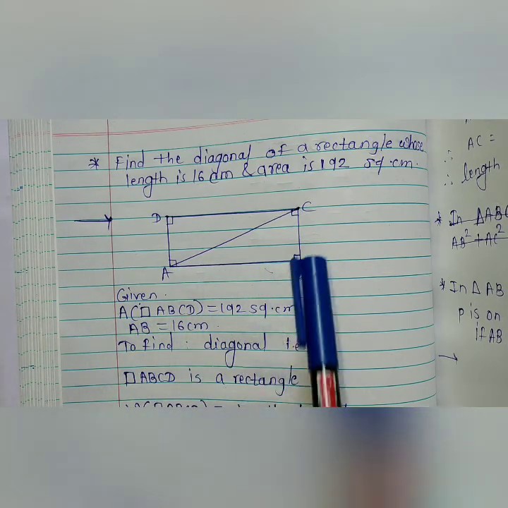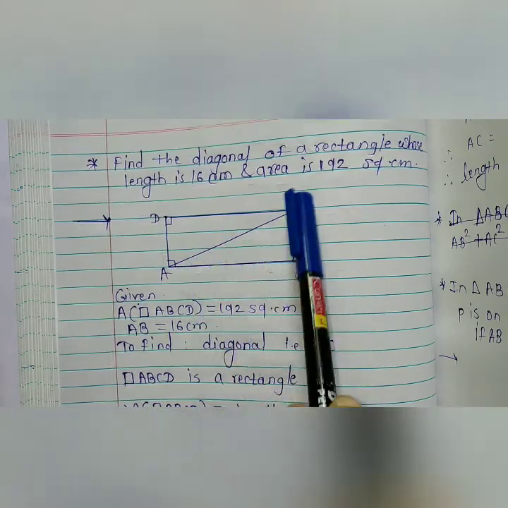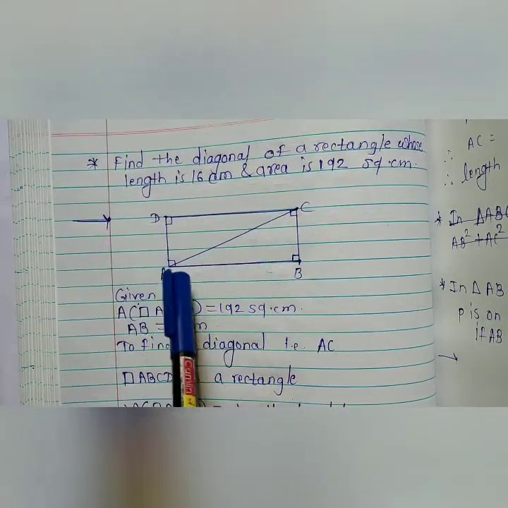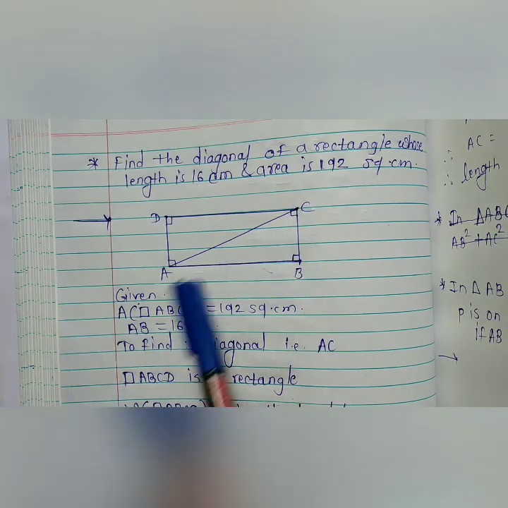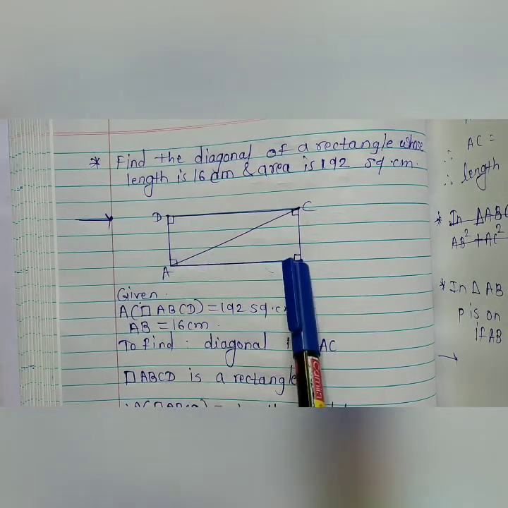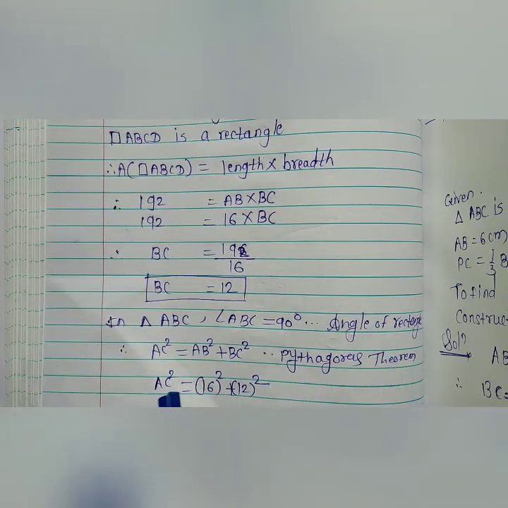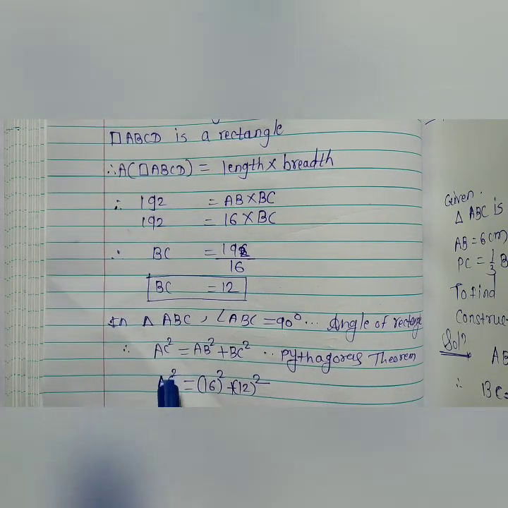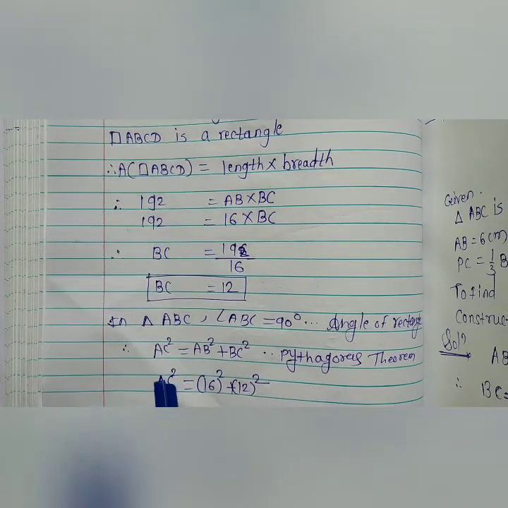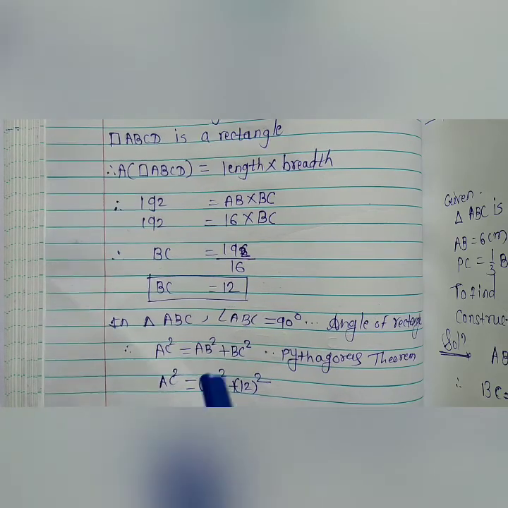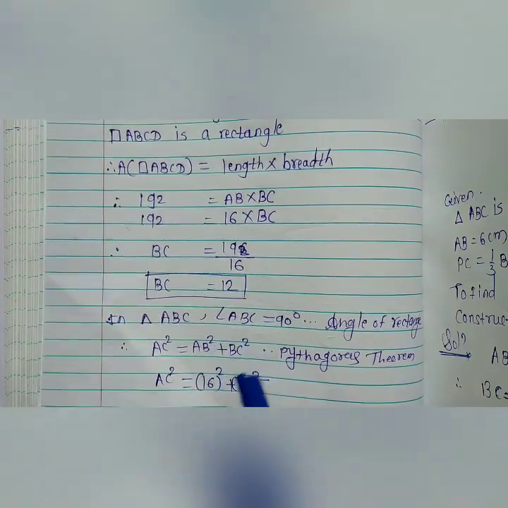Applying the Pythagoras theorem in triangle ABC, AC is the hypotenuse and the remaining two sides are AB and BC. Therefore, AC square is equal to AB square plus BC square. By substituting the values, write AC as it is. The value of AB is 16 and the value of BC is 12.